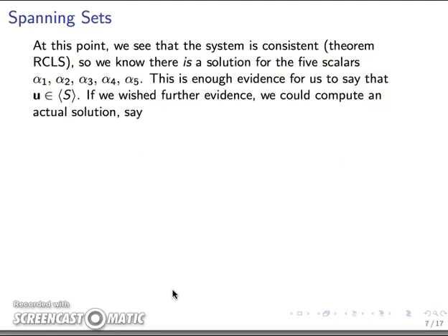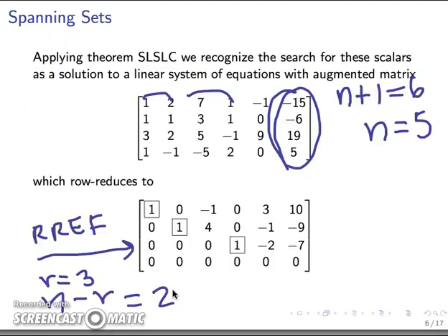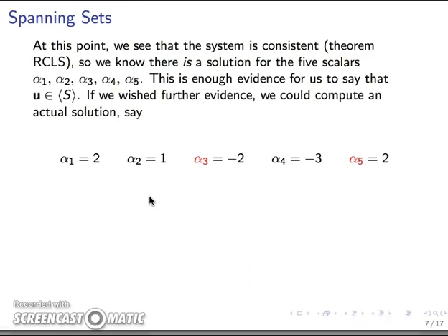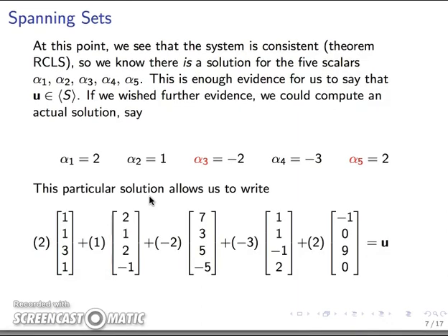The relationship between free variables and dependent variables follows from the information in the RREF. Using that information, we can find values for all scalars, and then we can verify that with those values, the linear combination is indeed exactly equal to the candidate vector that we're calling U this time.